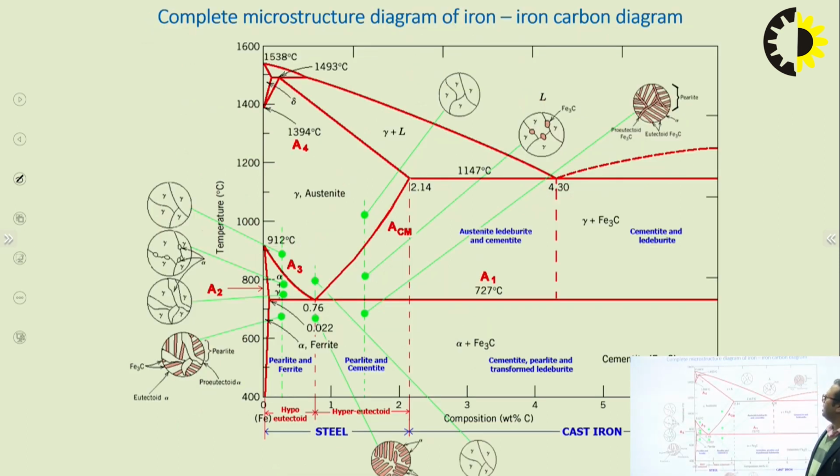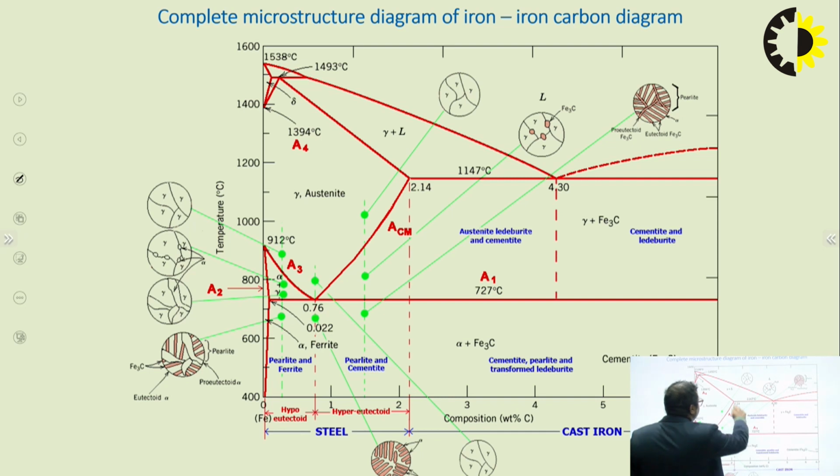So this is the complete microstructure diagram of the iron carbon equilibrium diagram, and this complete structure shows different lines. You can see this A1 line is denoted at 727 degrees temperature. This A2 line is there. This is the A3 line. This is the A4 line.